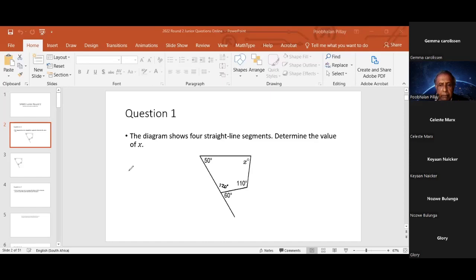And we have an equation immediately, because x plus the other three, which I can see is 280 degrees, 170 is equal to 360 degrees. Just one moment, please.